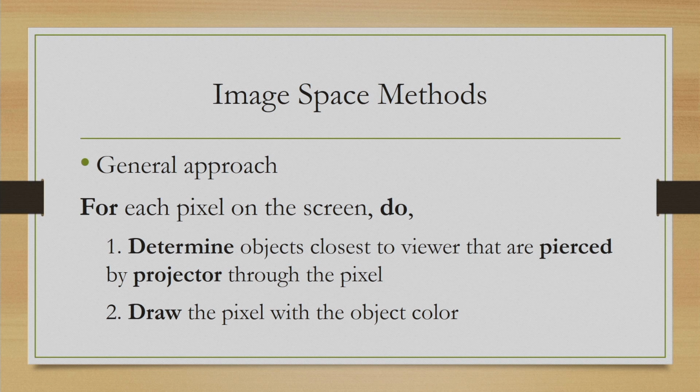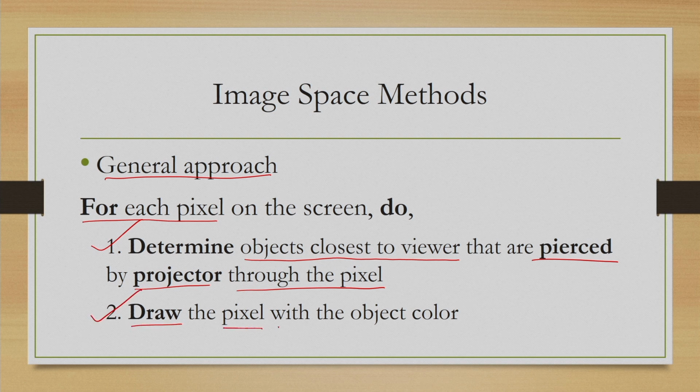Again, there are two steps in the general approach. For each pixel on the screen, what do we do? We first determine the objects that are closest to the viewer and are pierced by the projectors through the pixel. So, essentially the closest objects that are projected to that point. Secondly, the second step is to draw the pixel with the object color.